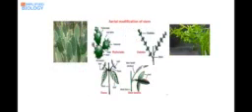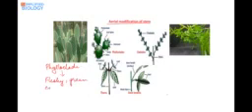Next, aerial modification of stem. First, phylloclade. Now, in this case, the main stem and its branches all get converted into a fleshy, green, expanded structure that takes the function of the leaf, as the leaves get modified into spines.